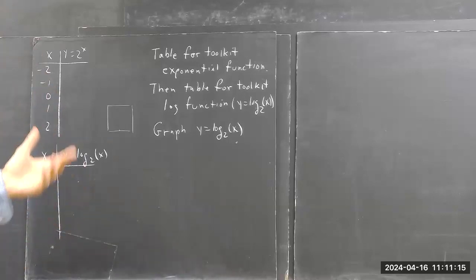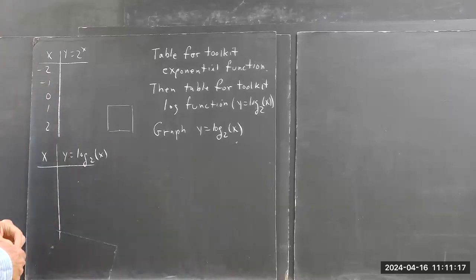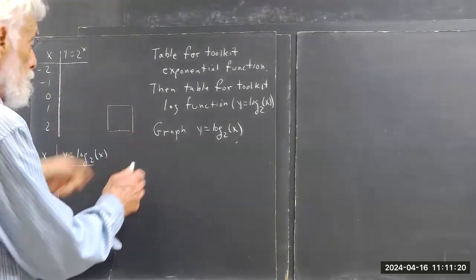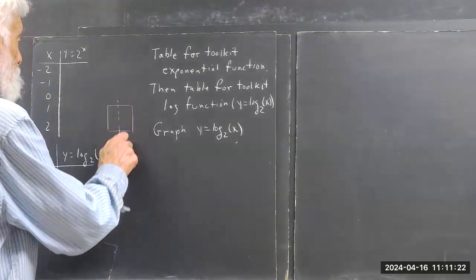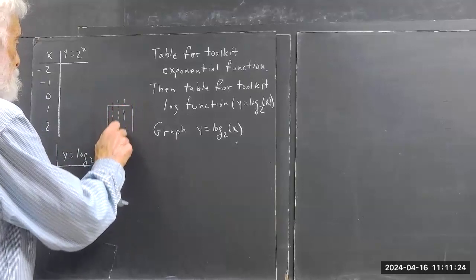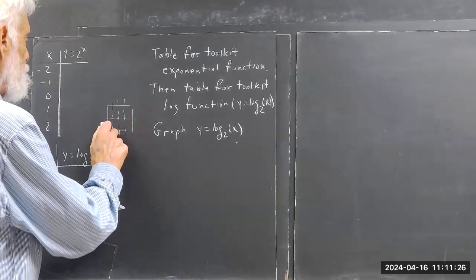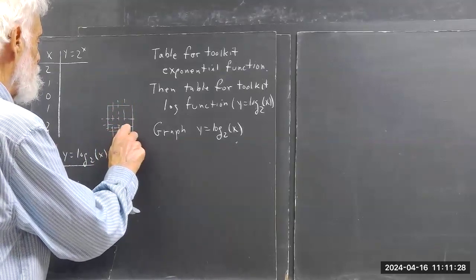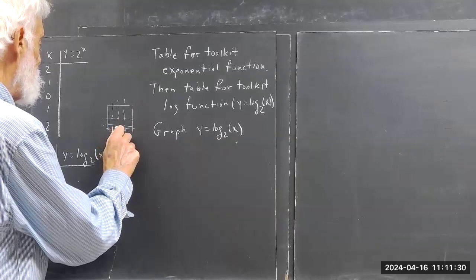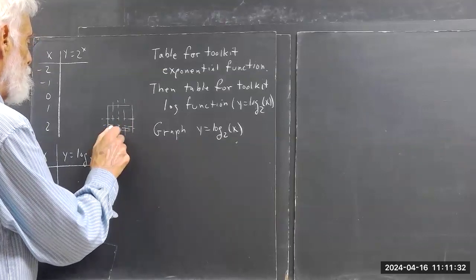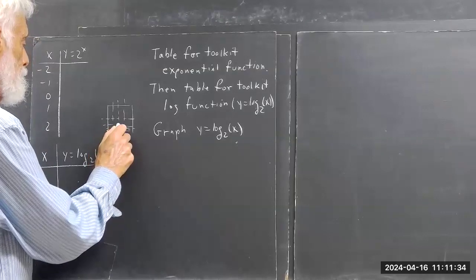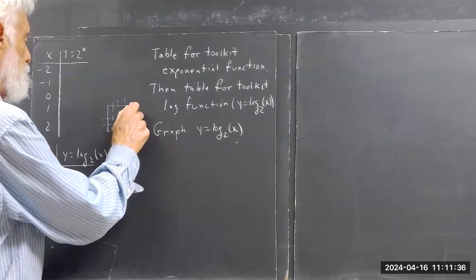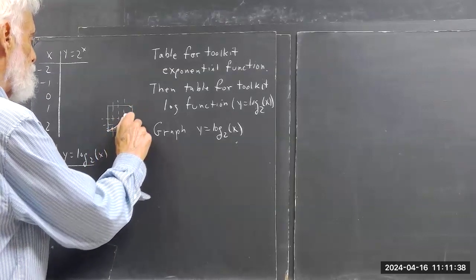Where's that come from? Well, let's just review your toolkit exponential function, so that you can construct the graph. I'm not going to explain the construction because you should have done this many times. We get a point here, a point here, and a point here, and you sketch the curve.